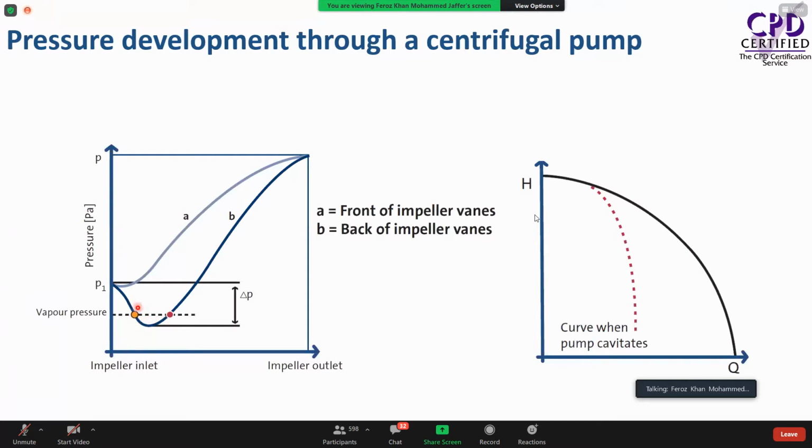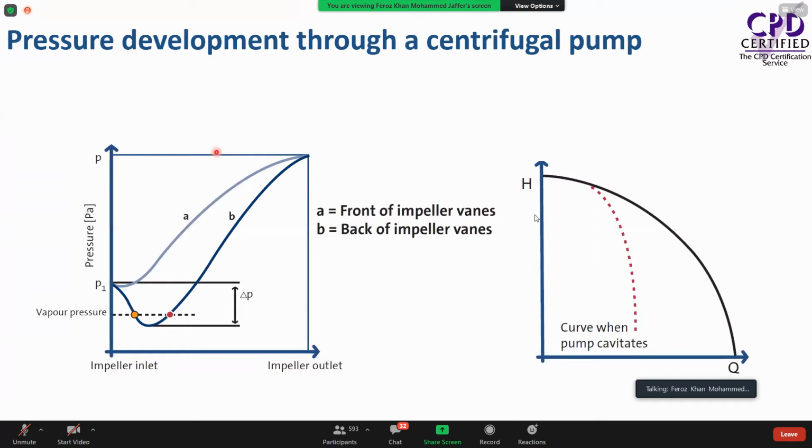Once air bubbles are there, the performance will suddenly drop. This is the original performance, and when the pump cavitates, the performance will suddenly drop. This is from impeller inlet to impeller outlet. From the eye of the impeller to the impeller outlet, this process will happen.